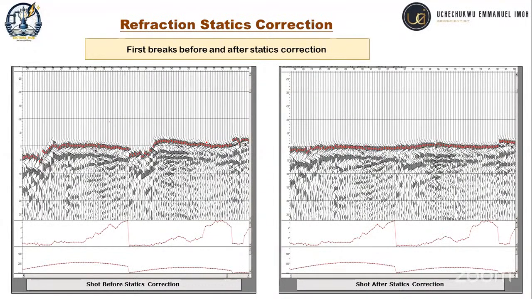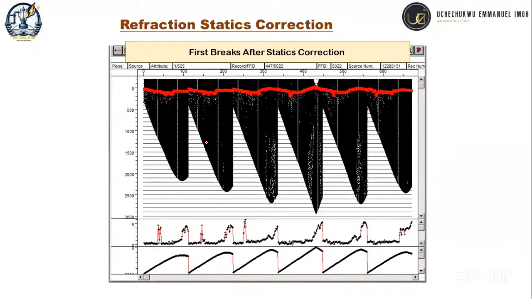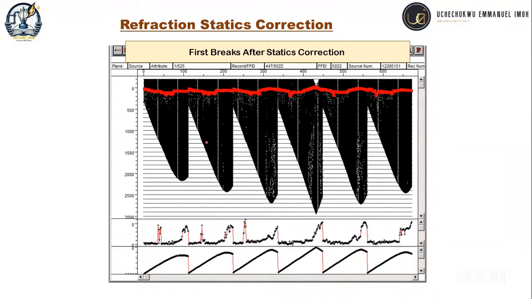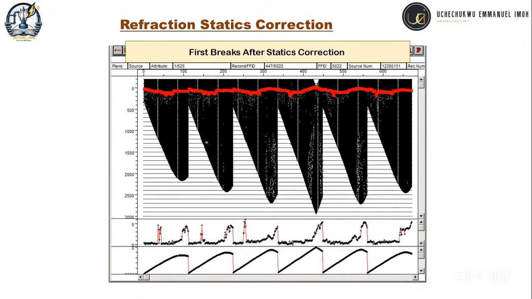What it means is that you are straightening out this abnormality in your seismic data. This was picked with, I think, Green Mountain software. It looks like this: before, after, before, after, before, and after statics correction.